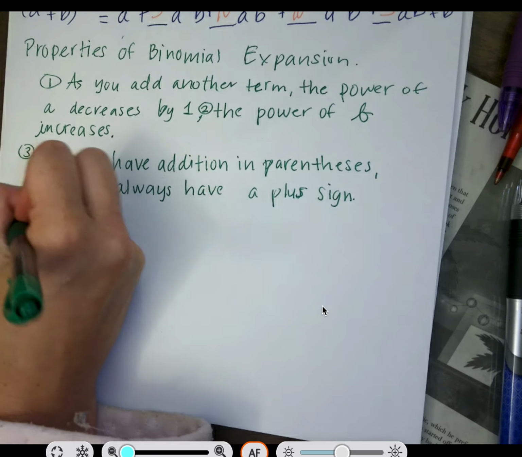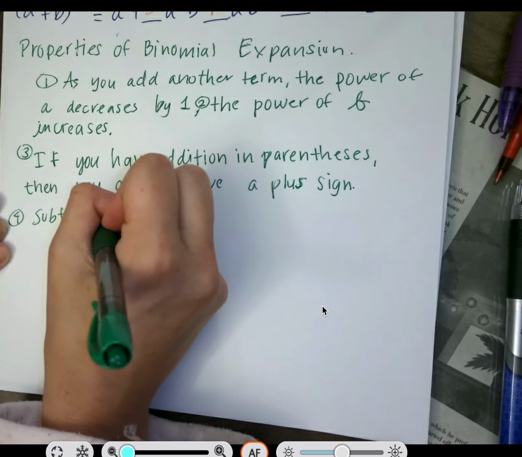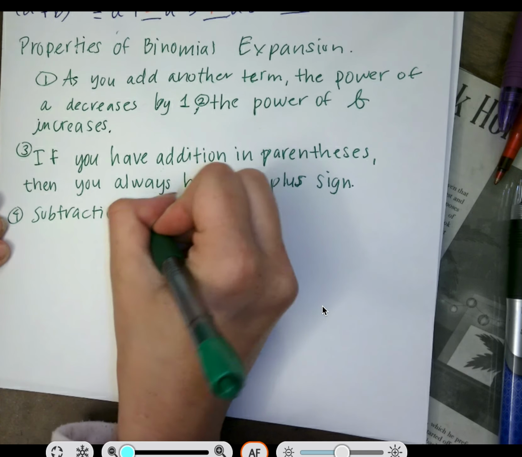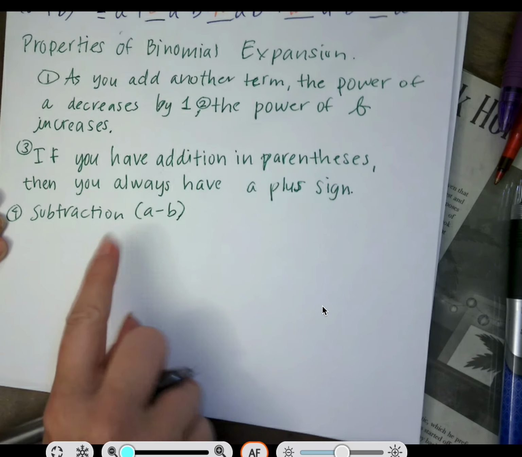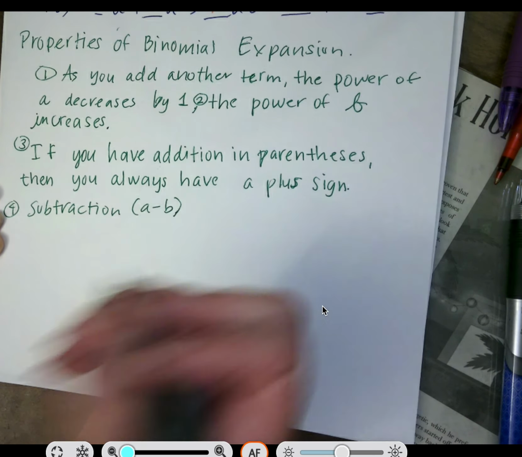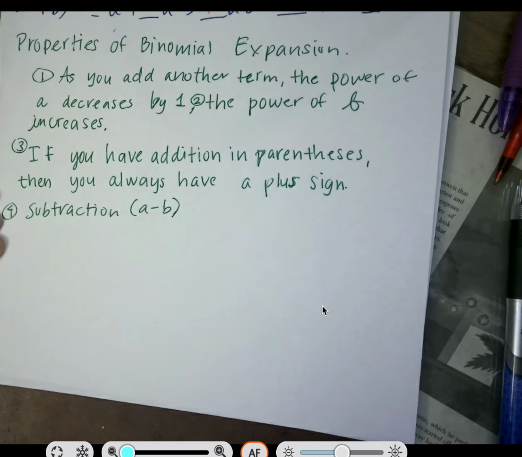All right, but if you have subtraction, so that's a minus b, if that's what it looks like, some positive and then some negative, right? Some positive minus some positive.